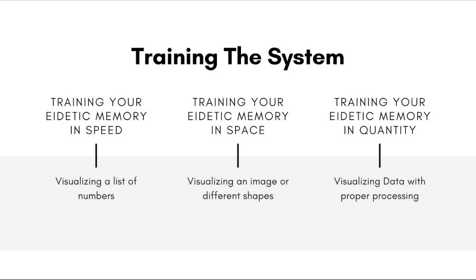Instead of looking at 4 to 5 numbers piled up together, you will start looking at 10 to 12 numbers piled up together. Instead of looking at one shape, you'll start looking at 5 shapes together and try to remember what you saw. Instead of reading 2, 3 words or glimpsing at them and trying to remember what you read, you will glimpse at the entire phrase and then try to remember what you read.